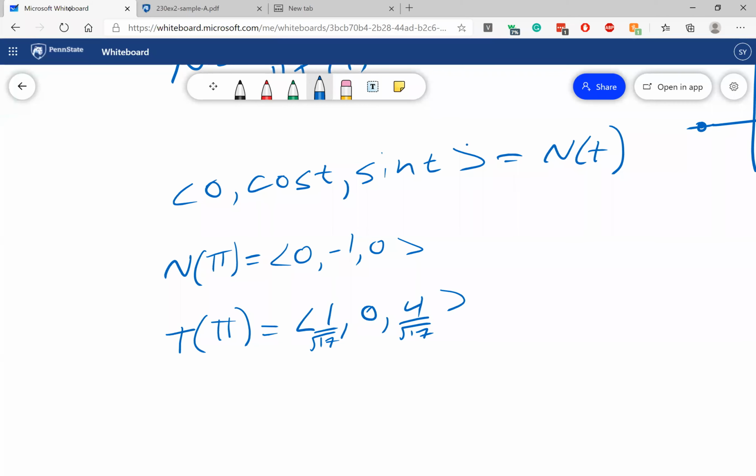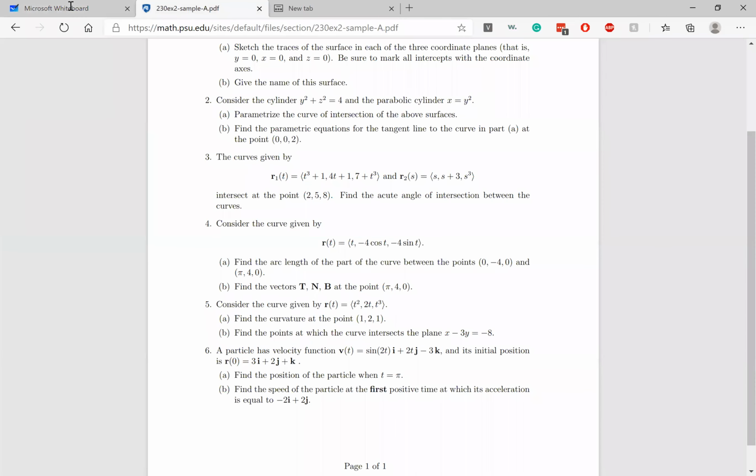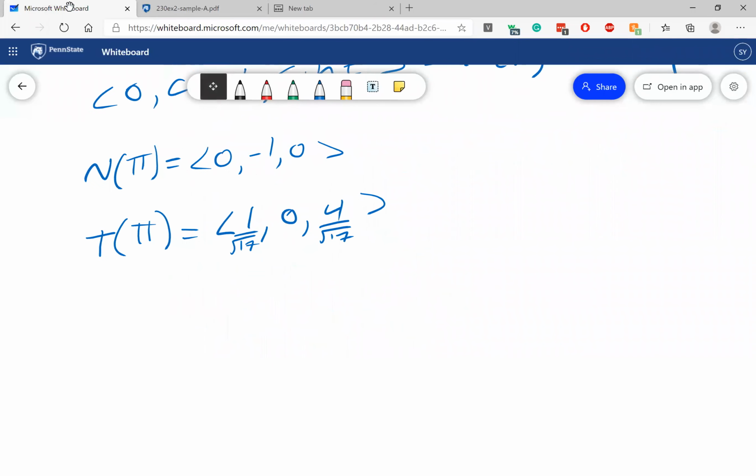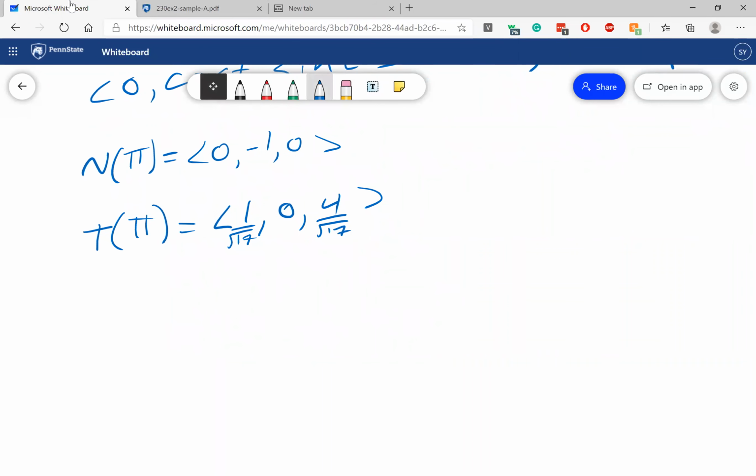Okay, so these are the vectors at pi, and then they want us to find the vector B at that point. So we know that B of pi, one second, I need to get my charger.